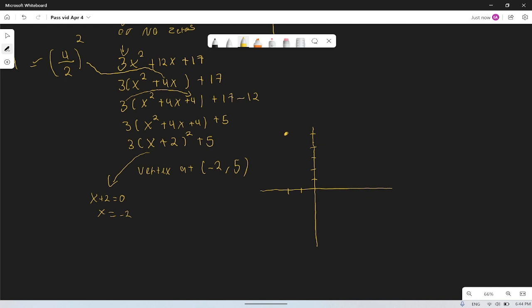So we can try at negative 1: 3 times negative 1 squared plus 12 times negative 1 plus 17. That'd be 3 minus 12 plus 17, which would equal 8. So it would be way up here somewhere, and then we can just mirror that. This is just a rough sketch. You can also use the table function on your calculator to get some more accurate coordinates.